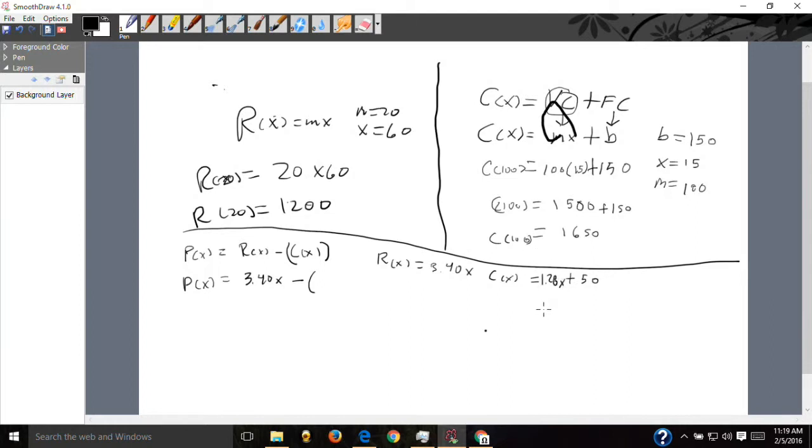Okay, now I'm going to rewrite this C of X into this part right here of the equation, $1.28x plus 50. Notice I have a negative on the outside of these parentheses. Therefore, I'm going to have to rewrite this as $3.40x minus, okay, negative times a positive is a negative, $1.28x, negative times positive, negative 50.